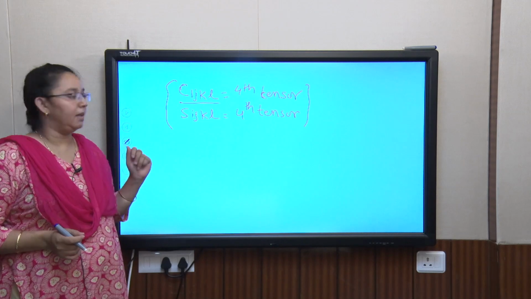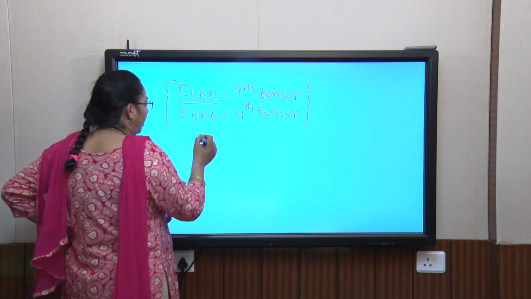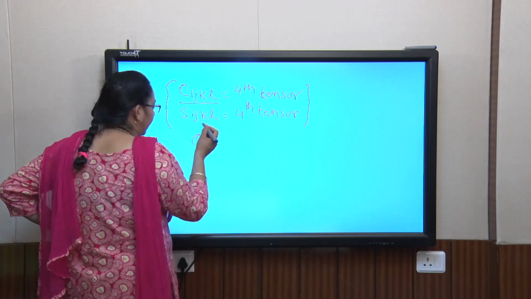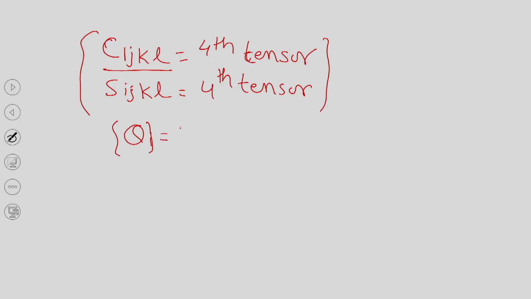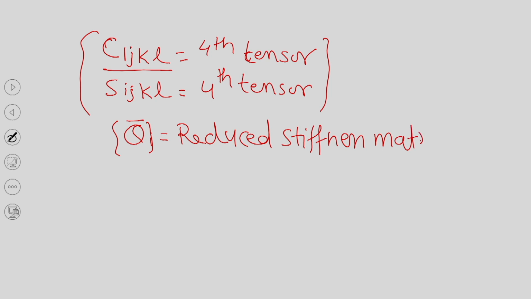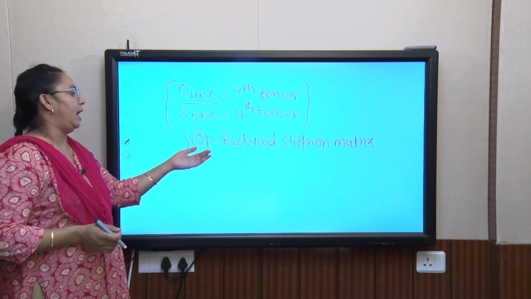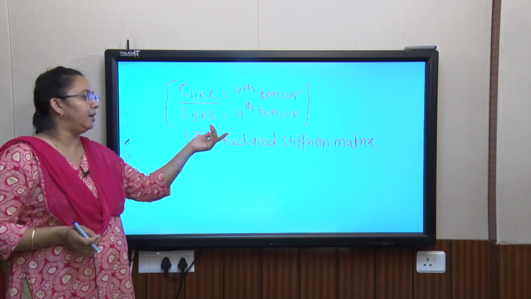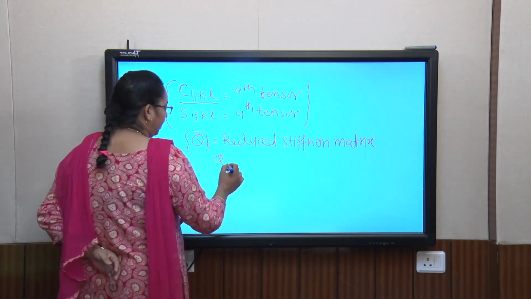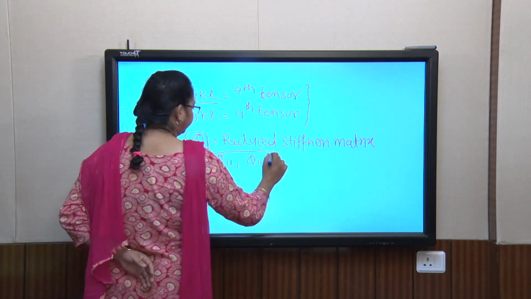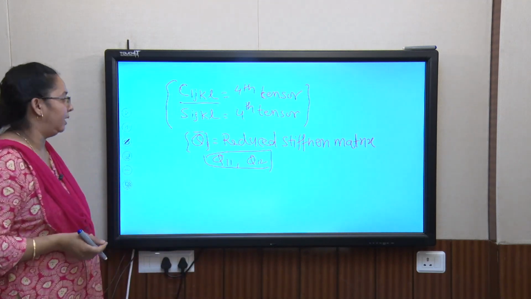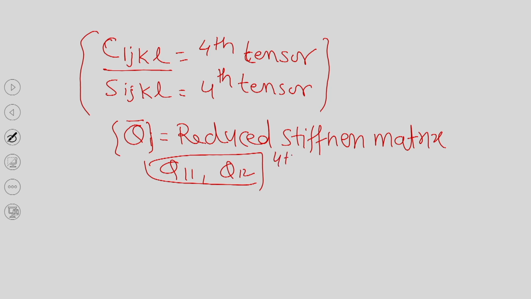If I talk about Q_ij, the reduced stiffness matrix, Q bar, standard notation, don't confuse it with the transformation. That's why I would like to say that the transformation you can denote by T, and for plates and shells the reduced stiffness matrix components are Q11, Q12 and so on. So, all these are fourth order.